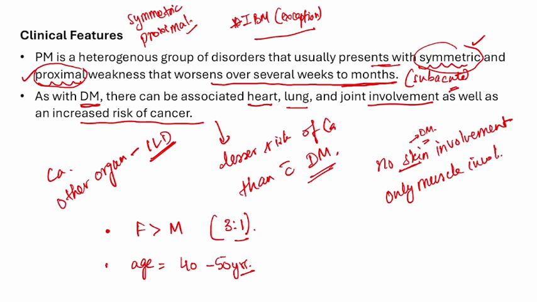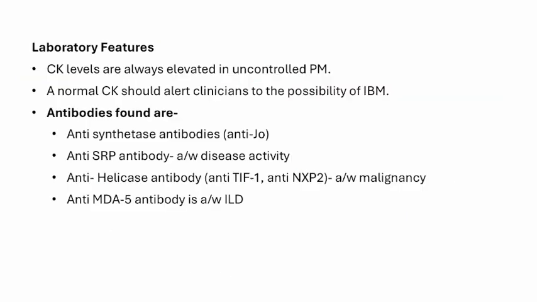Now, what are the lab features? Most important is CK levels, always elevated, because the muscle myositis is there. Muscle fibers are somewhat involved. We will be discussing the histopathology in the next slides, but for now we must understand that the muscles are involved, though not as much as in dermatomyositis, but to quite a large extent.